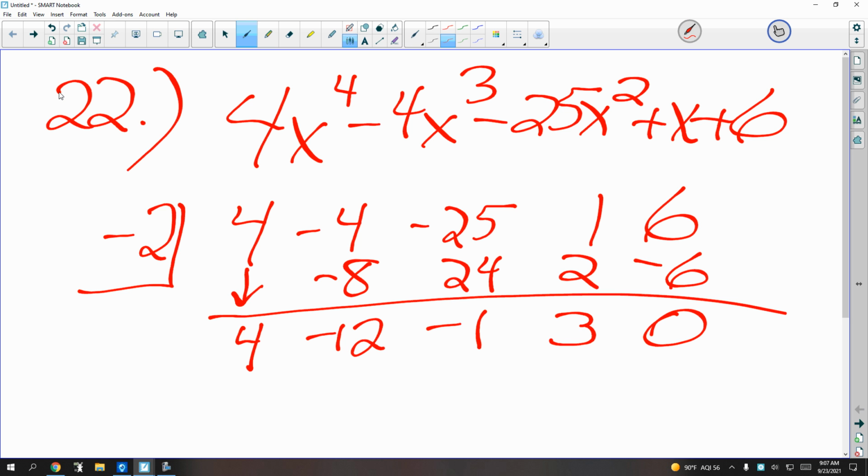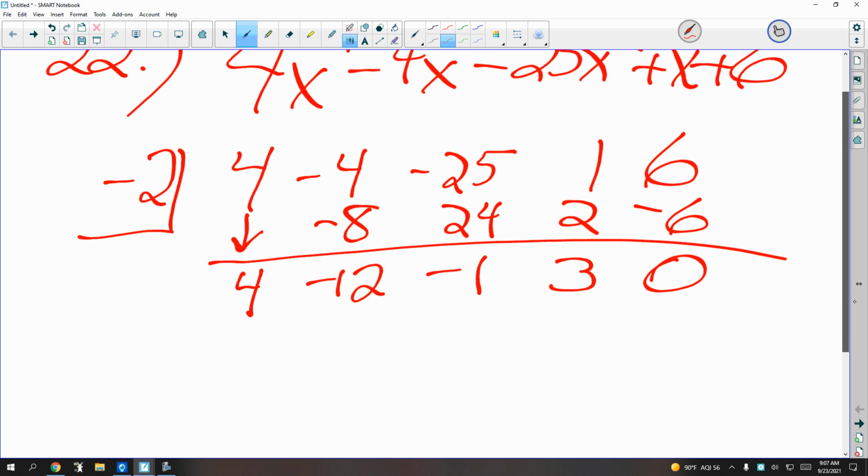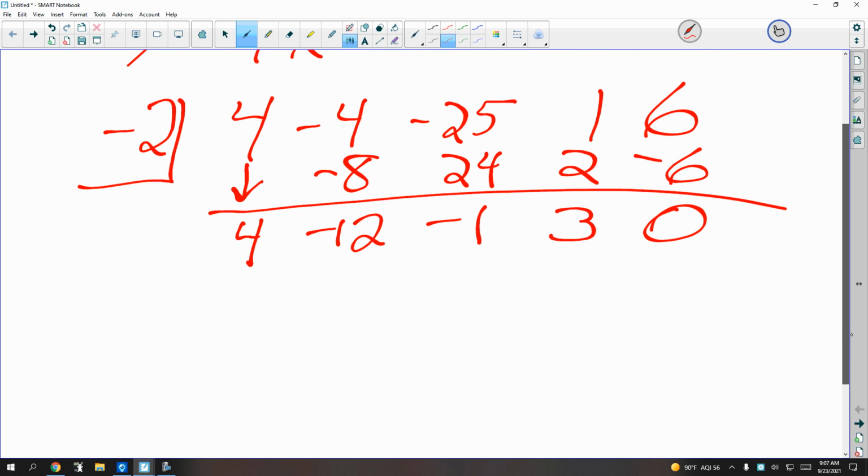Now, here's the thing about this problem. Some of you guys tried to then write that as a polynomial and then factor that. I don't know if that works. We're going to find out.